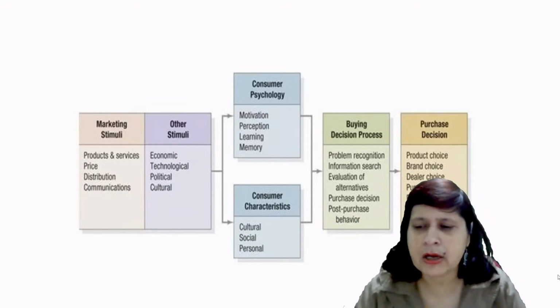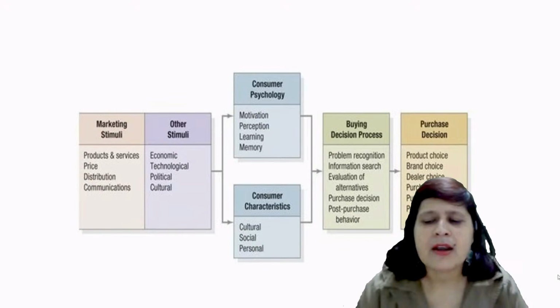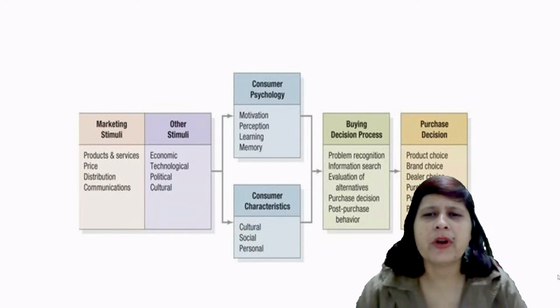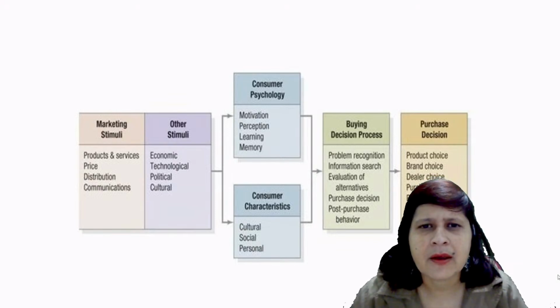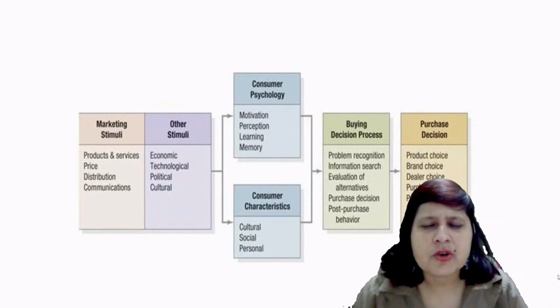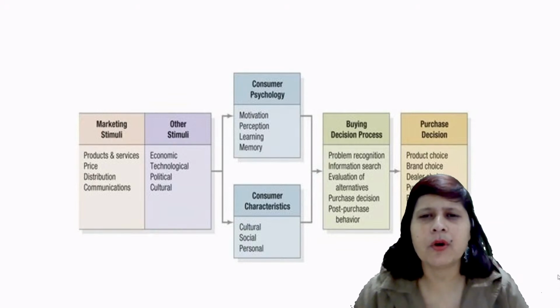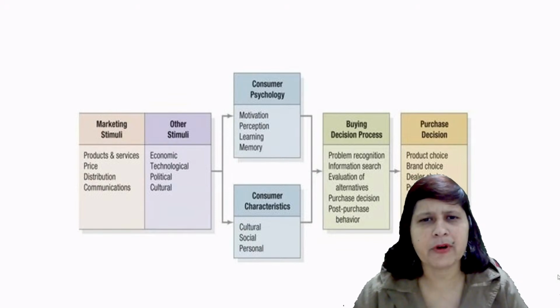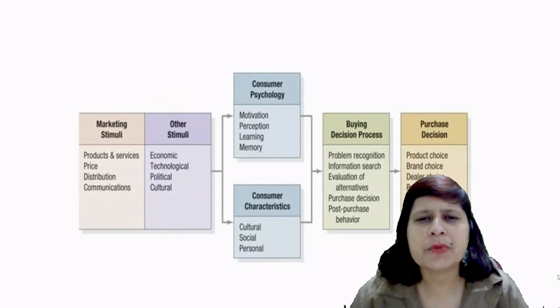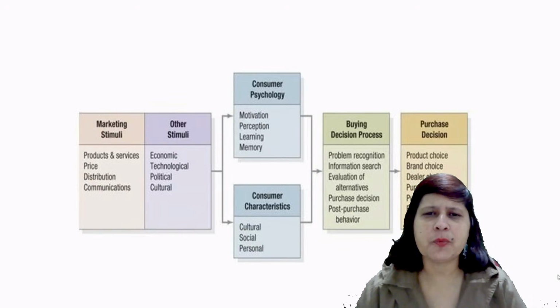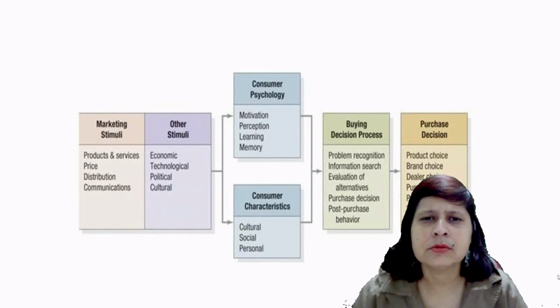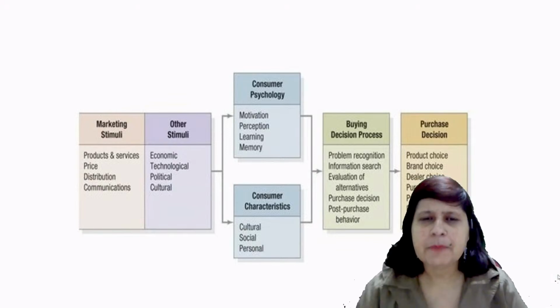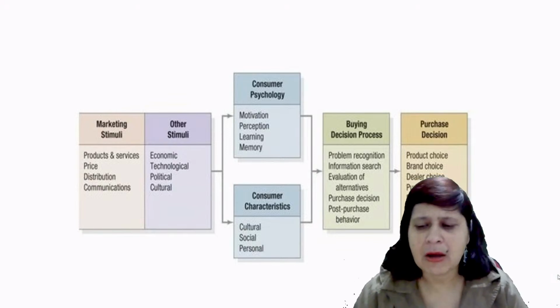A purchase decision includes product choice, what product I want; brand choice; a dealer choice, from which dealer I want to purchase that product, of which brand I want to purchase that particular product. Then purchase amount, right?